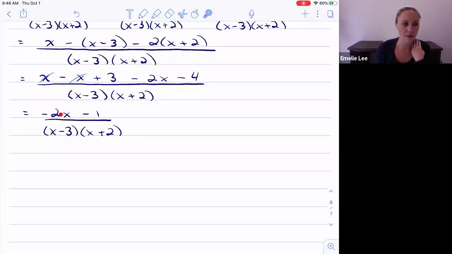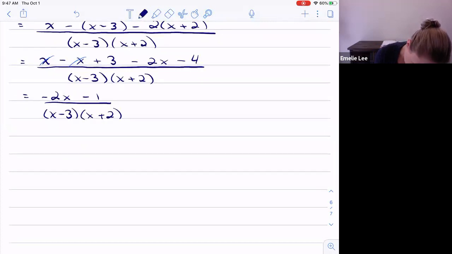To make things a little bit nicer looking, I can pull out a negative here. Just being careful, right? It's a good exercise to pull out this negative. If you bring the negative outside, then you would have 2x plus 1 times negative 1. Okay. Let's see here.